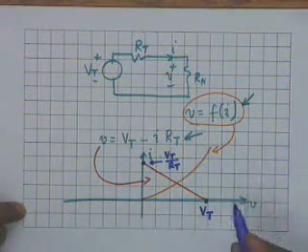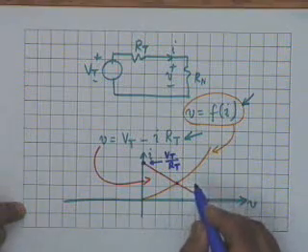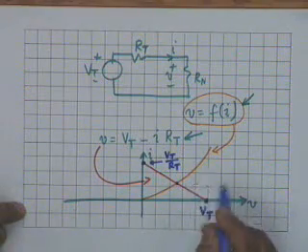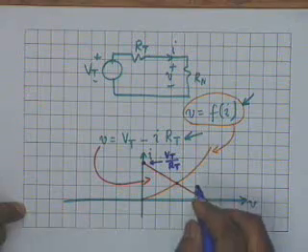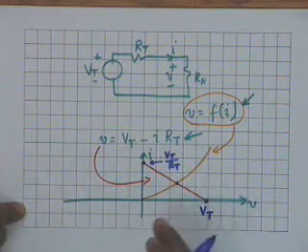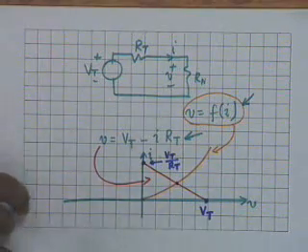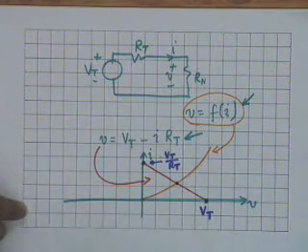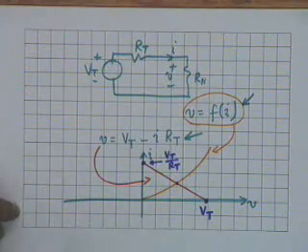Obviously, the solution to this circuit is the intersection between the two graphs, because V and I have to satisfy both of these equations. And this is the style of solution that we adopt for all transistor or active electronic circuits that we shall study later.